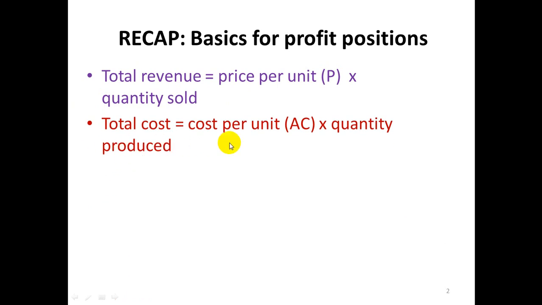Total cost looks at the cost per unit, so how much it cost you to buy that unit, and the quantity that was produced. So if it cost you 5 rand to buy something and you produced 100 of those units, then it's 5 times 100, which is 500 rand as your total cost. Therefore, your profit is equal to your total revenue minus your total cost.